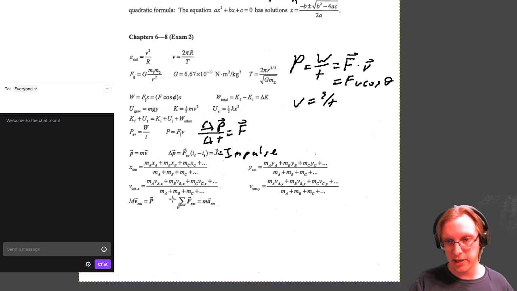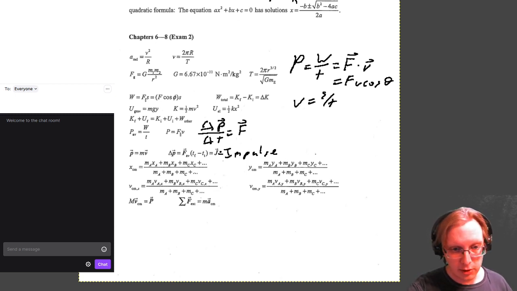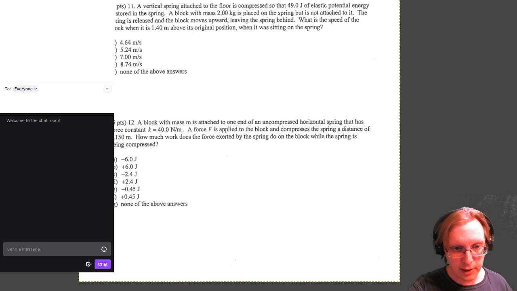So this is a total momentum of the whole system, and this is a mass averaged position of the object or the whole system, and hopefully we'll come across one of those. And it blows people's minds when I make use of it for some strange reason. We'll see if we can make use of it yet.